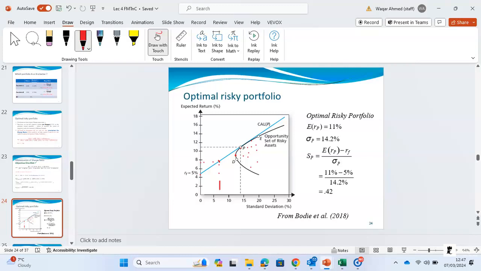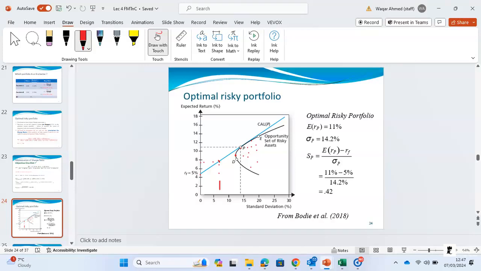As I said, if you put all of your money in the risky portfolio, you will get to point P. If you put 100% investment in the risky portfolio, you will hold the portfolio represented by point P. But you can see this line extends beyond P, right? So it goes further up.